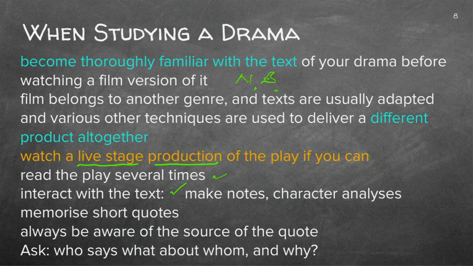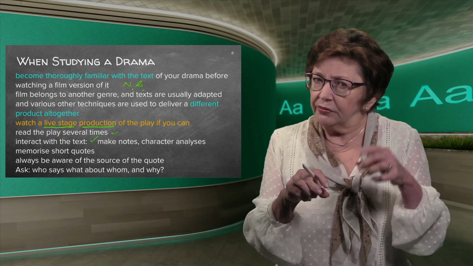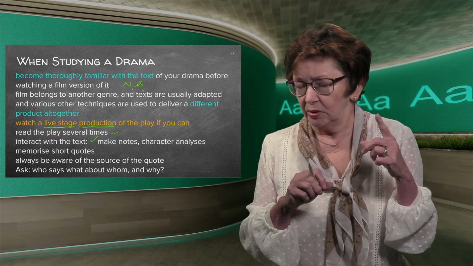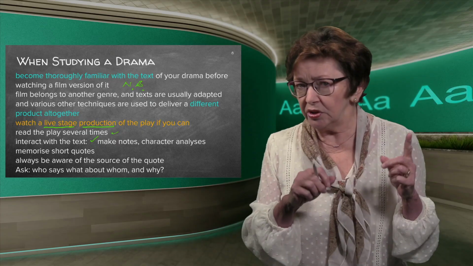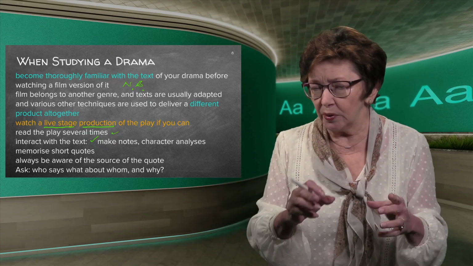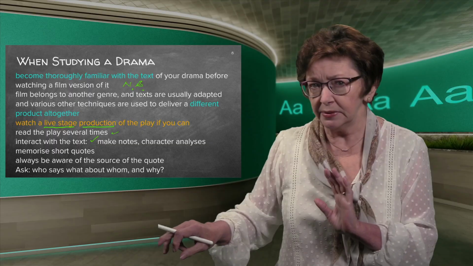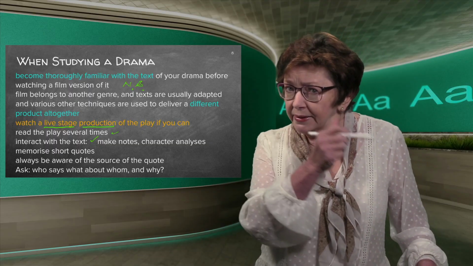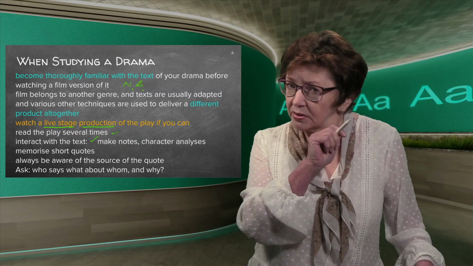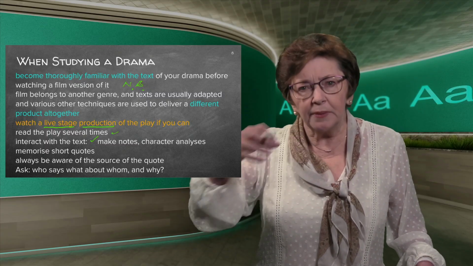You must remember who said this. If it's a quote that says something about Hamlet, it's a comment about the type of person that Hamlet is. He is this and that, right? Then ask yourself, who said it? Who is this character? Because now you need to interpret what this character has said about Hamlet by taking his character into consideration. So just keep that in mind.